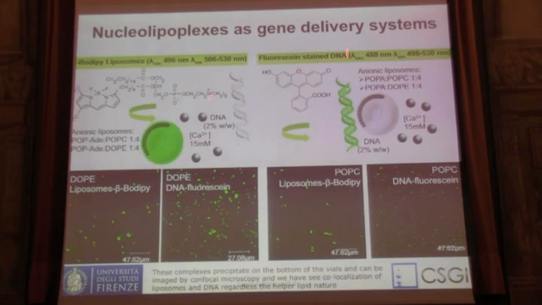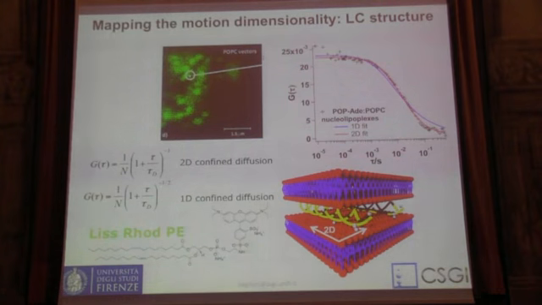Or you can stain the DNA. And then, in this case, you follow the liposome, and you see that the liposomes form complexes and precipitate, the particles are not dispersed. Or you can follow DNA, and you see that, again, you have, say, clusterization, because this forms the lamellar and the hexagonal system.